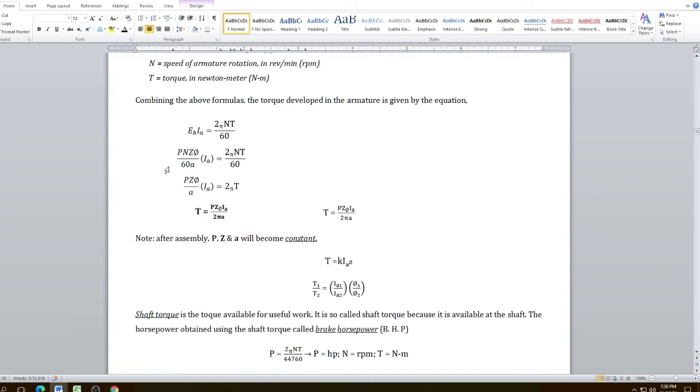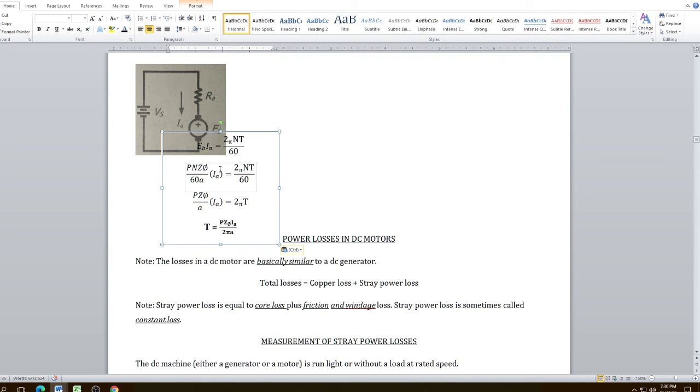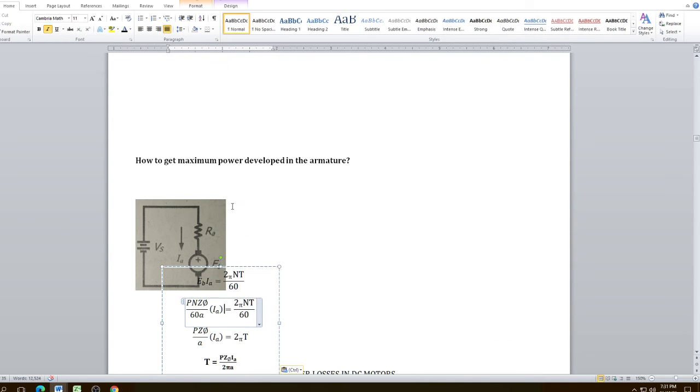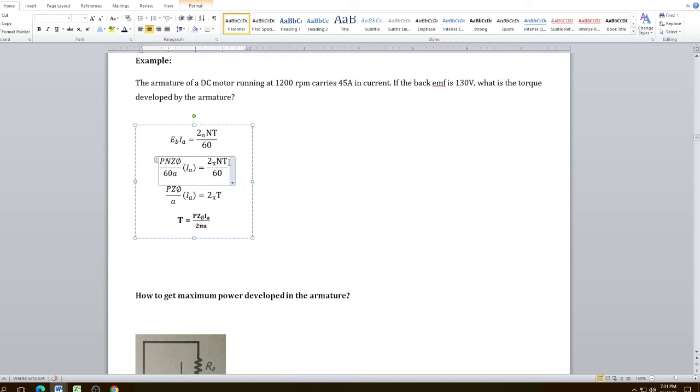Let's solve this one. Remember, this is the formula for power in watts: the back EMF times the armature current.